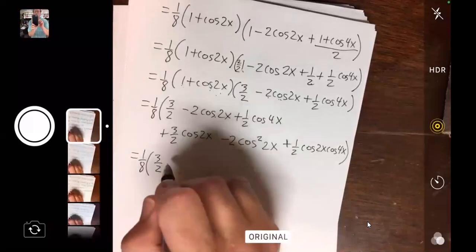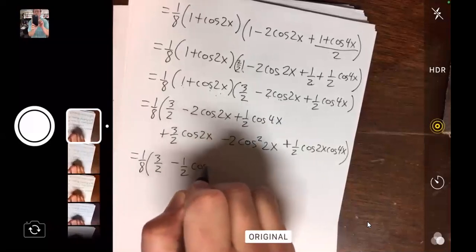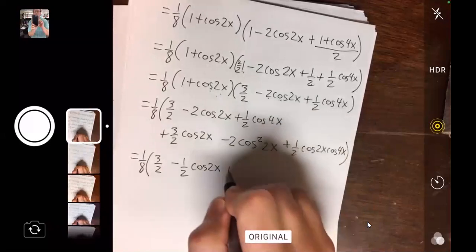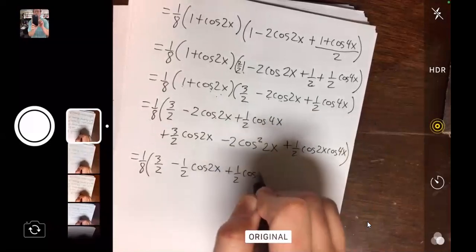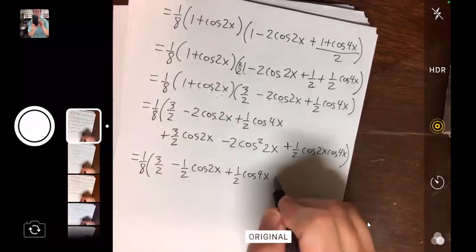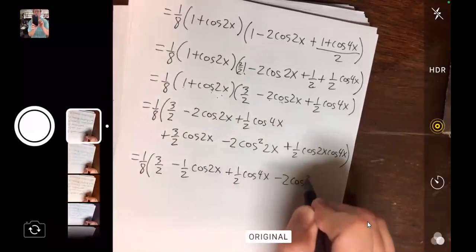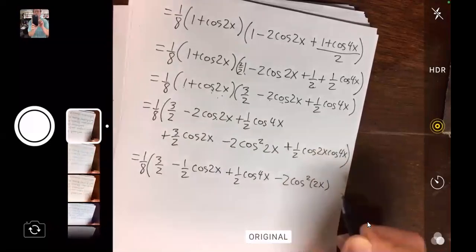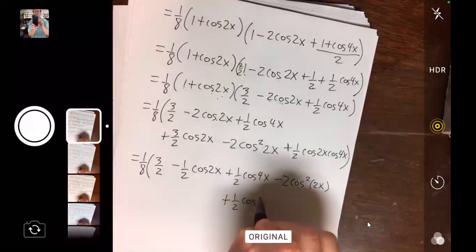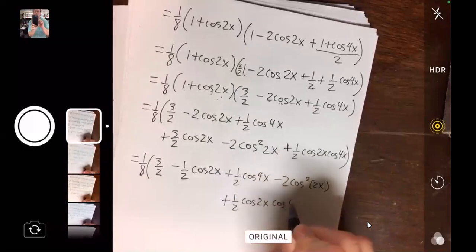That's going to give you a -1/2 cosine of 2x, plus your 1/2 cosine of 4x, minus 2 cosine squared of your 2x, plus your 1/2 cosine 2x, cosine 4x.